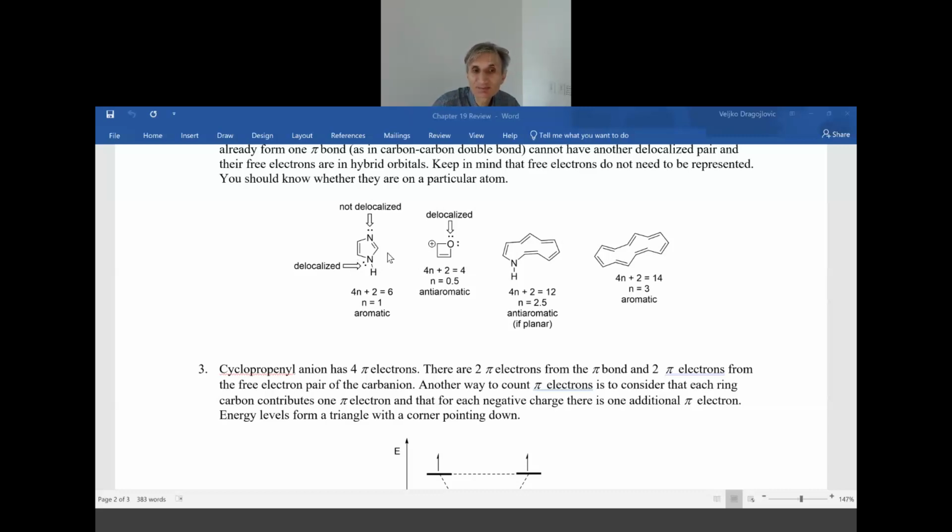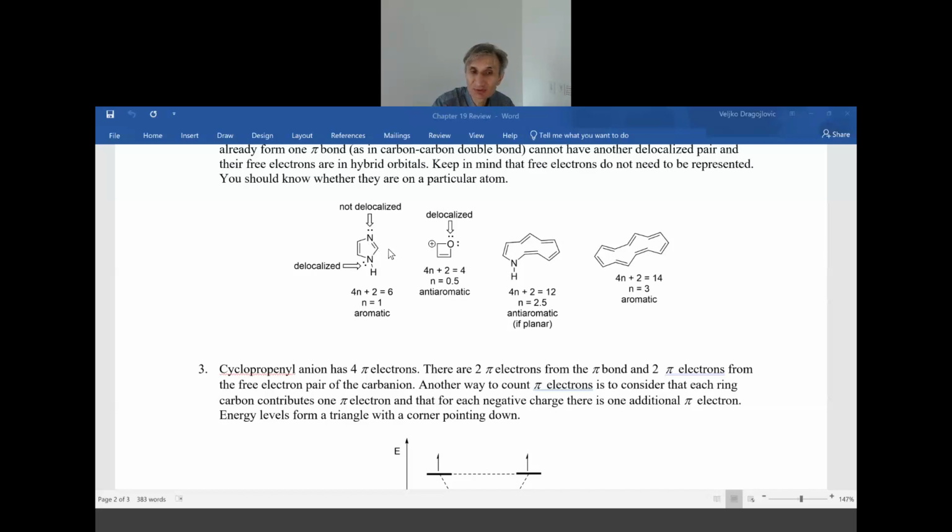But in this case, for this electron pair to be delocalized, it should be in atomic p orbital, because then it overlaps nicely with molecular pi orbitals and is delocalized. So this is a delocalized free electron pair. But the other one is not. The reason why it is not is that this nitrogen already forms a double bond.